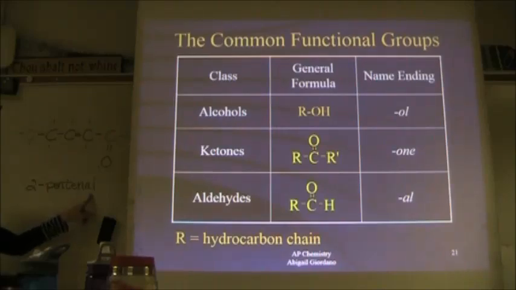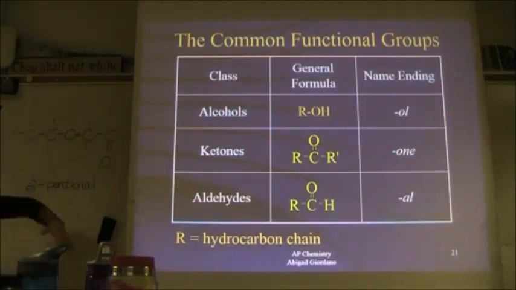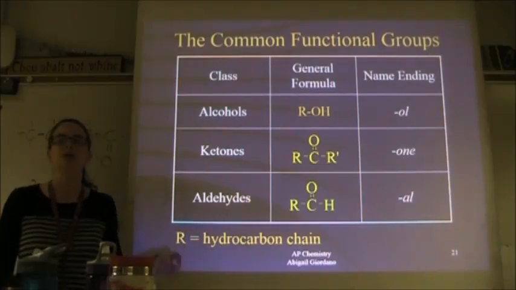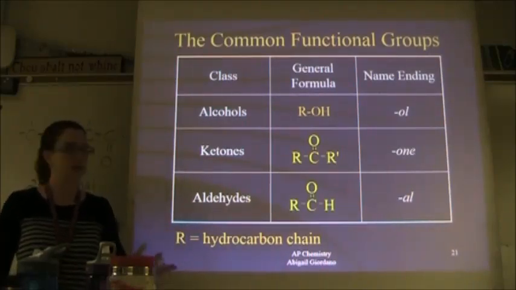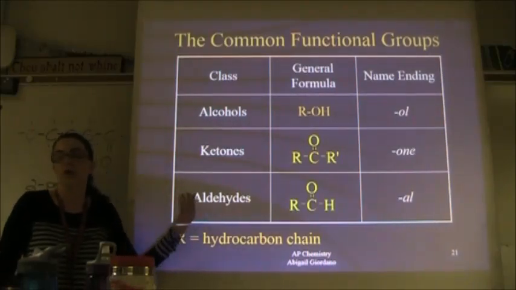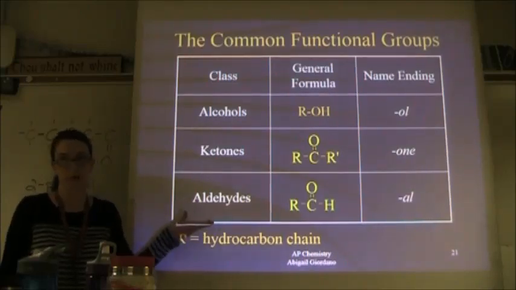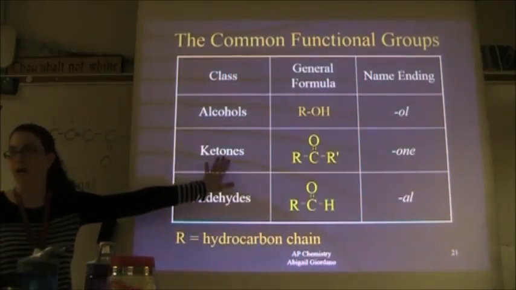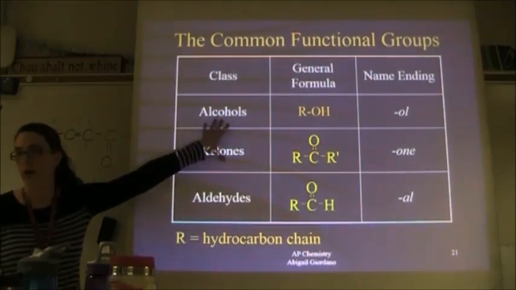How do you know if the number refers to the multiple bond or the functional group? Well, you have to ask yourself, first of all, is this a functional group that requires a number in the first place? Aldehydes don't, because they're always at the end. Always. Ketones do require a number. Alcohols require a number.